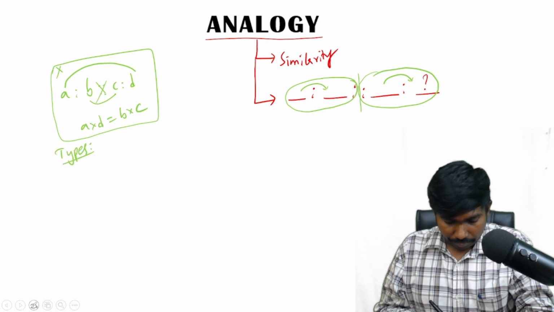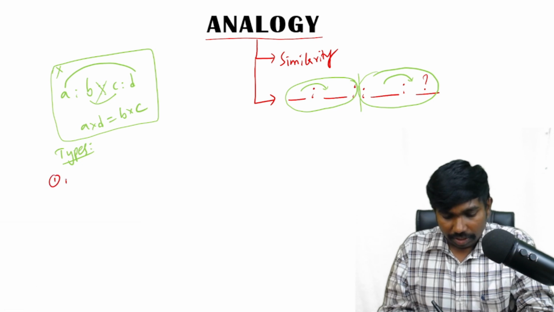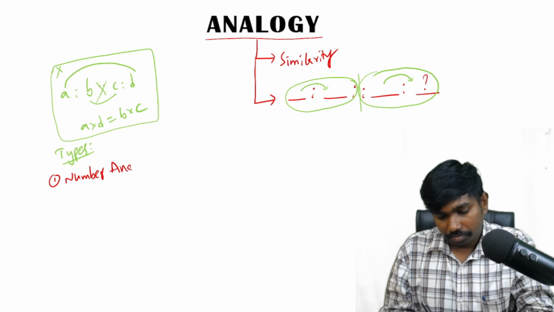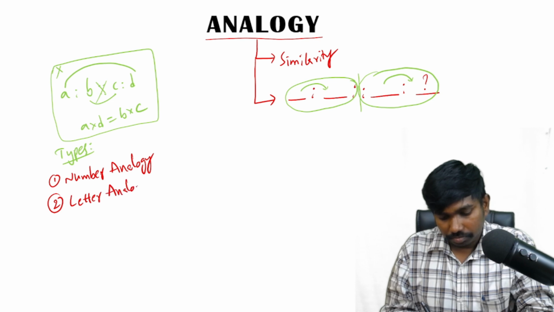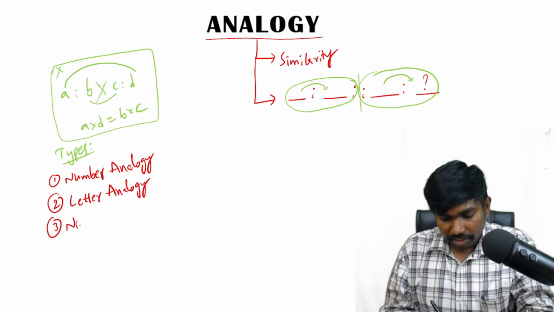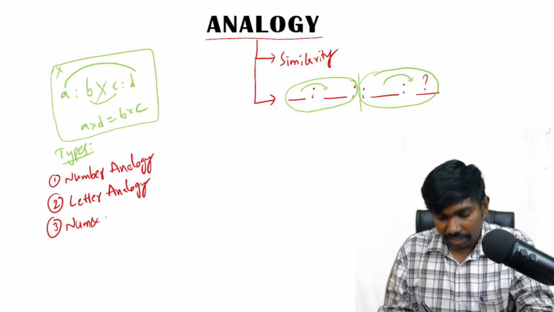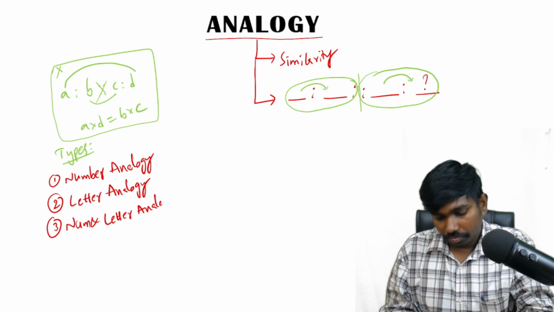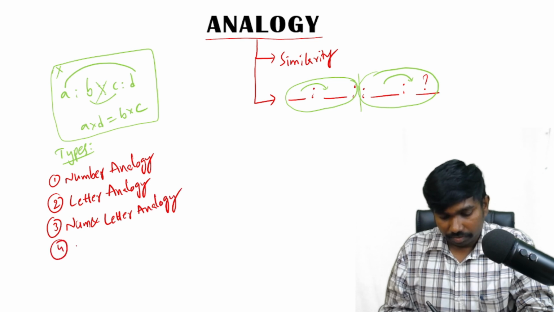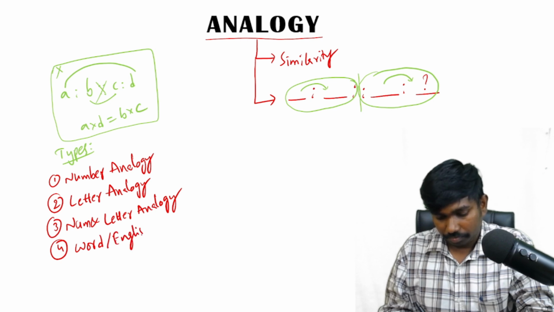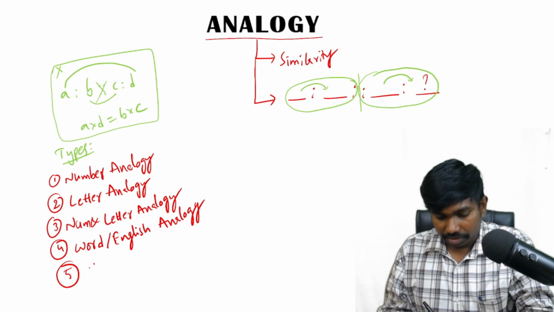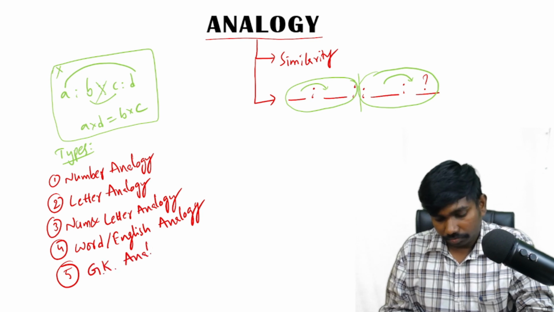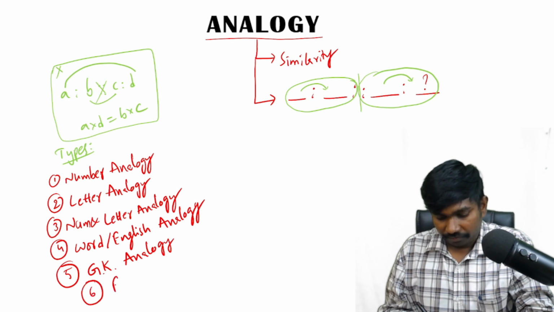Types of analogies are number analogy, letter analogy, number cum letter analogy, next word analogy, word or English subject analogy, and next GK, general knowledge analogy, and one more is figure analogy.